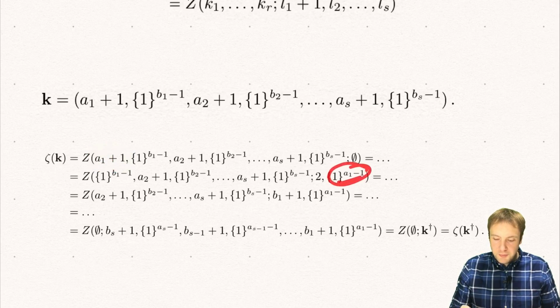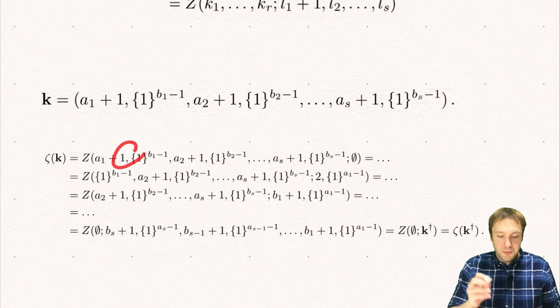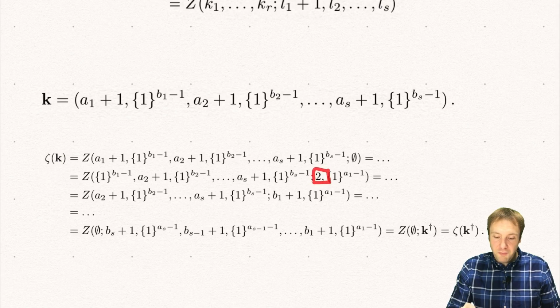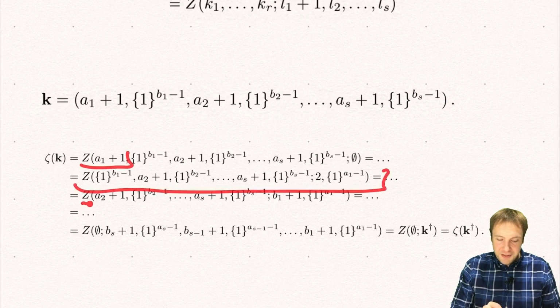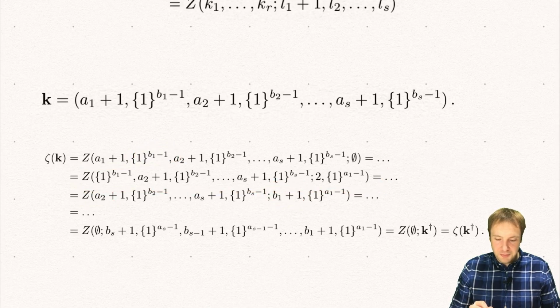So if I use it a1 times, then I have a1 once there, but then I will use the first transport relation, which adds a 1 in front of them, and this will give the 2 here. So this is the first step where I use it a1 times, and then I use the other relation b1 times, and I get this one here.